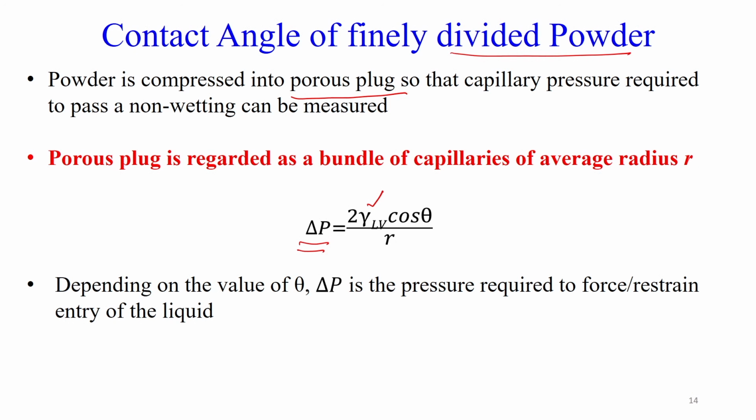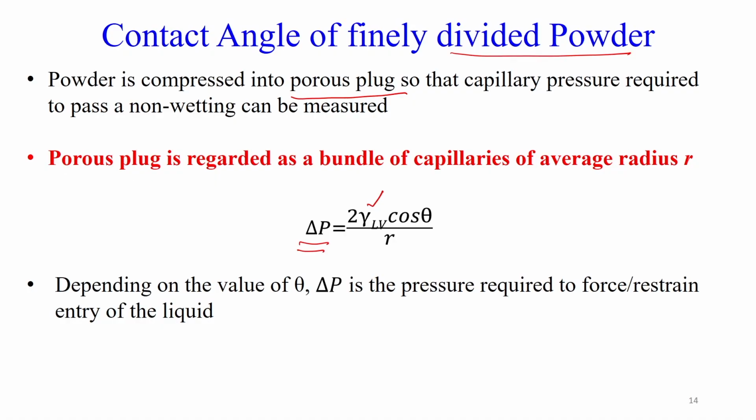using the Young's Laplace equation. If you remember, we discussed the Young's Laplace equation. It says the pressure difference is directly related to the interfacial tension and inversely related to the distance r, or you can say the capillary radius. And this is interesting, the porous plug is considered as a bundle of capillaries with an average radius r.